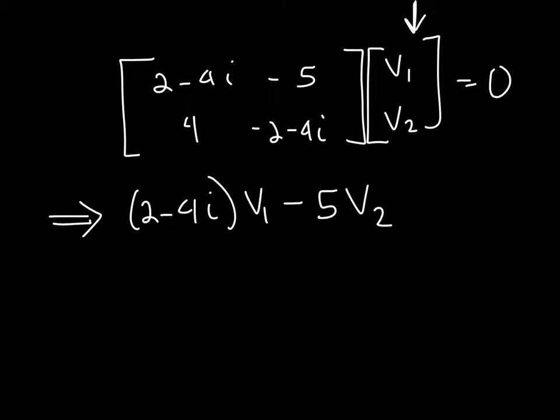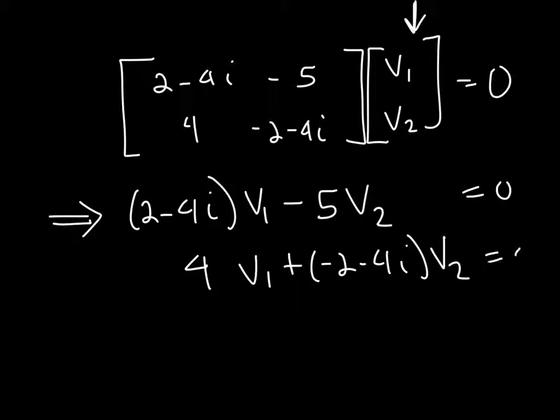So we have 4v1 plus negative 2 minus 4i v2. So I just translated into a system of linear equations. It's the same thing, just a different form. Just to be careful here, I'm going to call these x and y.